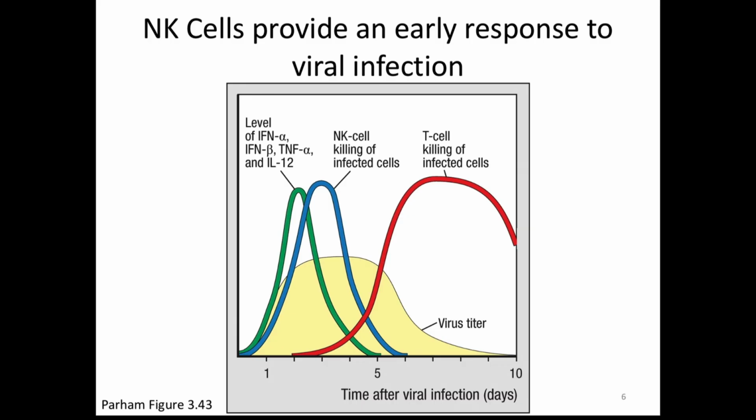One thing you can note is that the NK cells are around the time where we stop the increase of the virus and make it stay at this peak, while the adaptive cells are happening here, where we're actually reducing from that peak. And so you can see that NK cells are providing a relatively early response to viral infection, within the first couple of days. So if we go back to our compare and contrast, where does this put NK cells?